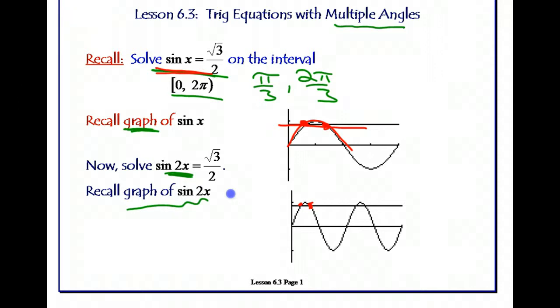Instead of 60 and 120 degrees, if the graph is occurring twice as frequently, maybe you're leaning towards 30 degrees and 60 degrees. We'll check that in a minute. But then the question becomes, wait a minute, what are these two new points over here? How do they differ from the first two? Let's explore that a little bit with our calculator, then we'll come back and see if this makes sense to us.